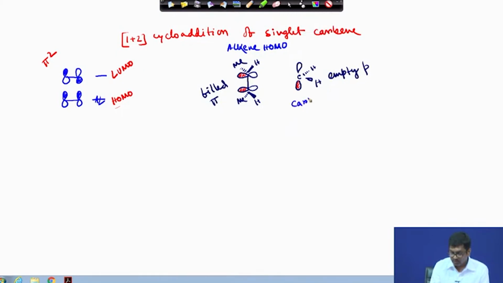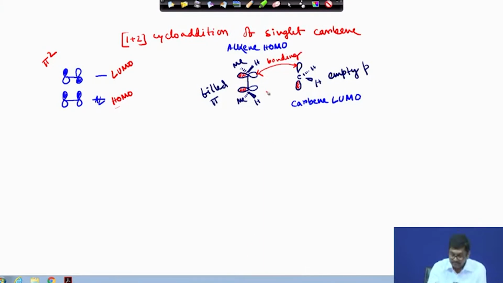So, this is the carbene LUMO. The alkene's highest occupied molecular orbital is what we have drawn over here, and this is the carbene's lowest unoccupied molecular orbital. Now, let us see how they can generate this bonding. If we check, this part is nicely making a bonding interaction.